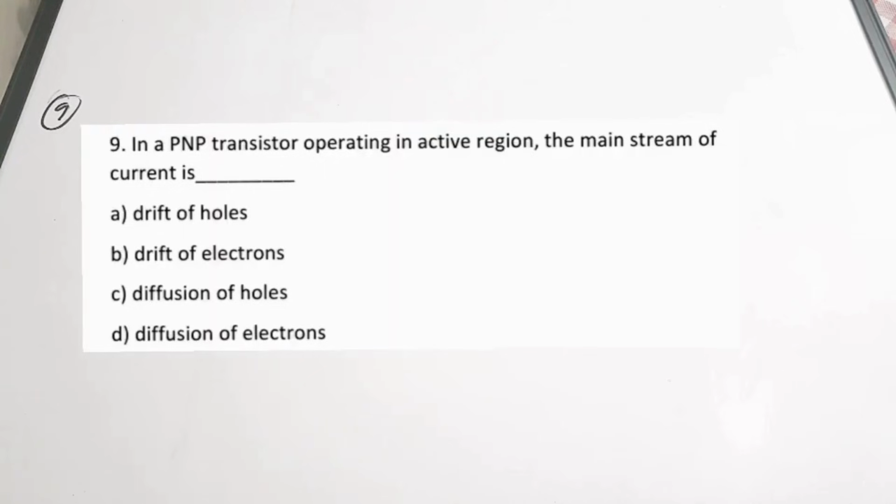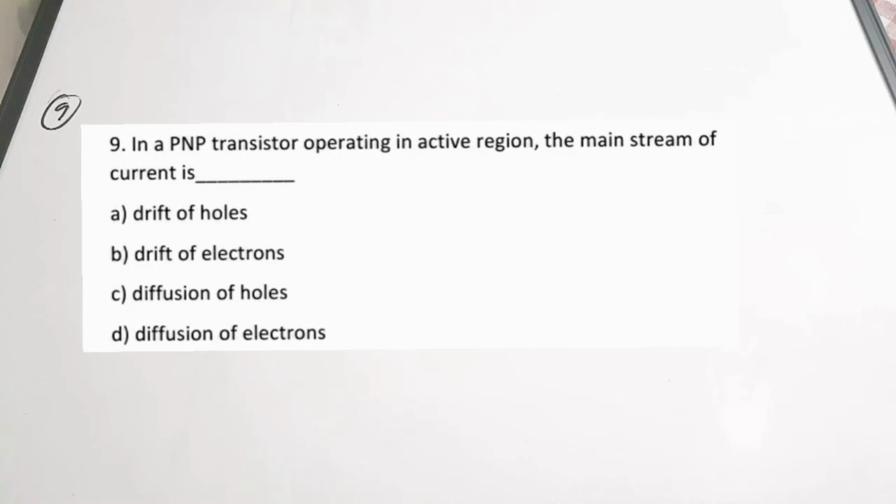The 9th question is, in a PNP transistor operating in active region, the main stream of current is dash. A, drift of holes. B, drift of electrons. C, diffusion of holes. D, diffusion of electrons. So, for a PNP transistor in active region, the main stream of current is actually due to the diffusion of holes.